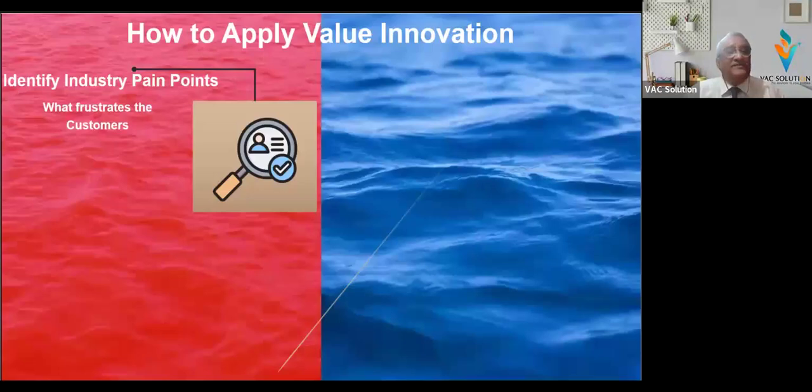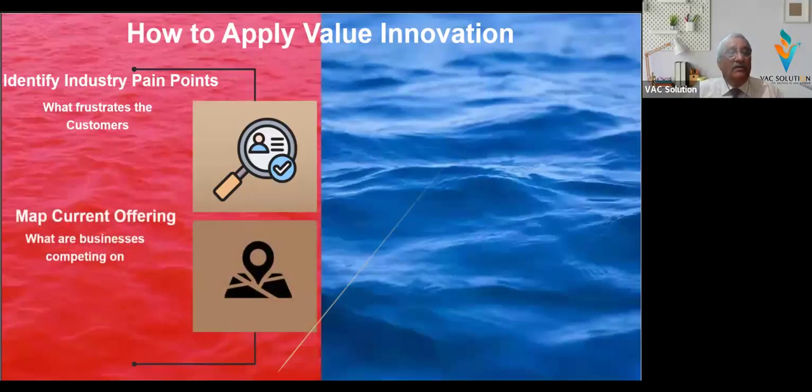You see, what frustrates the customers? There must be something about the whole thing which is frustrating your boss. What is it? Identify the industry pain point. Number 2, map the current offering. What are the businesses competing on?